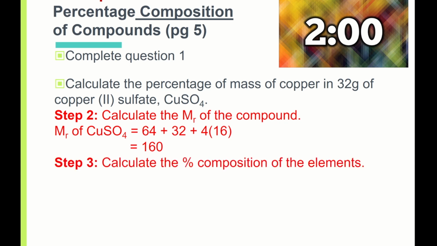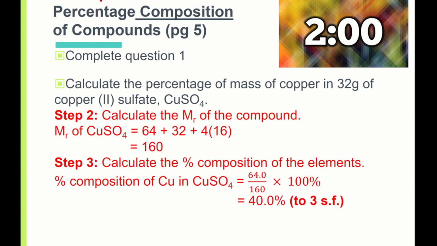Out of this 160, 64 is contributed by copper. So 40% is the percentage composition of copper.